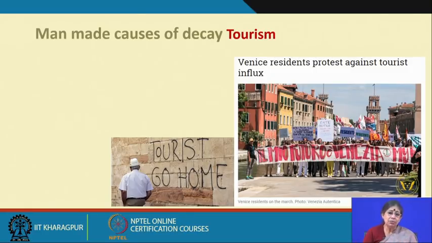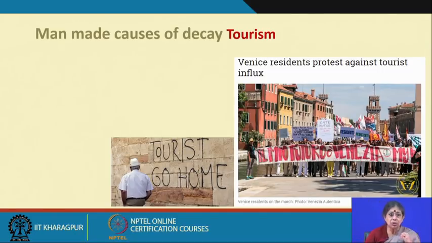So, what happens is that when it goes beyond a certain control, there is a rift with the local community. As I say, they earn their income from that, but beyond a certain limit, it is also a living city. They can't take the tourism, and a lot of social problems happen due to that.